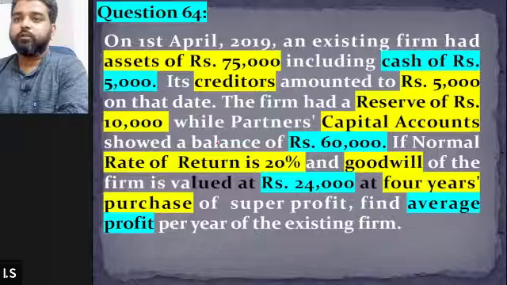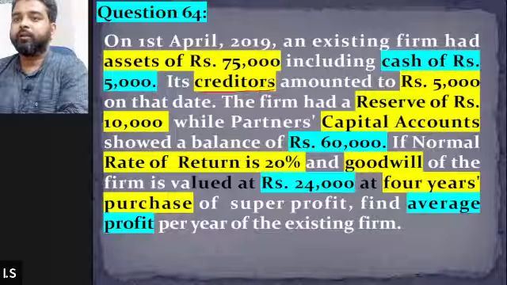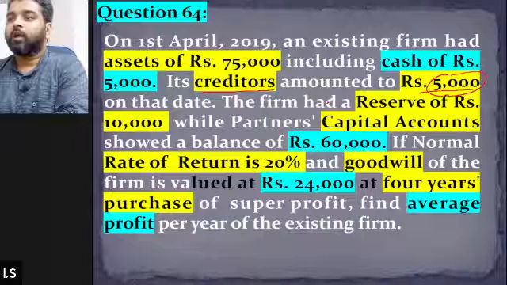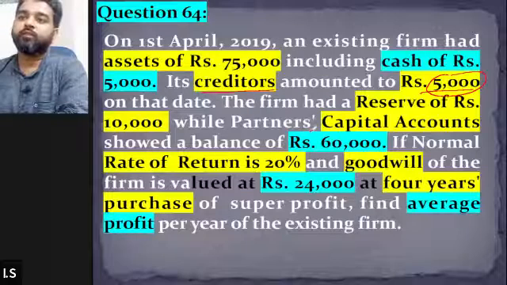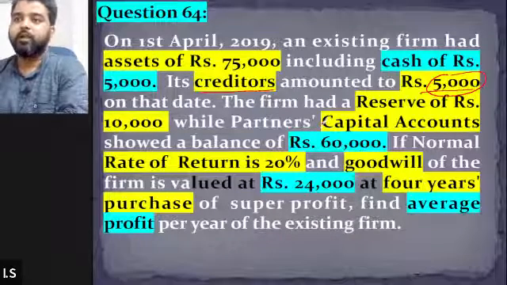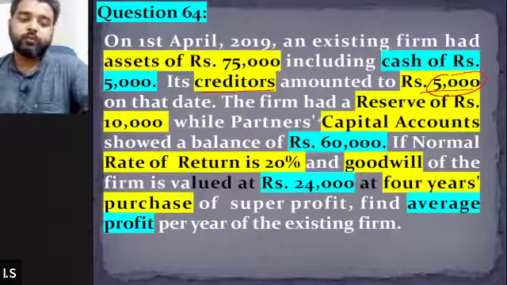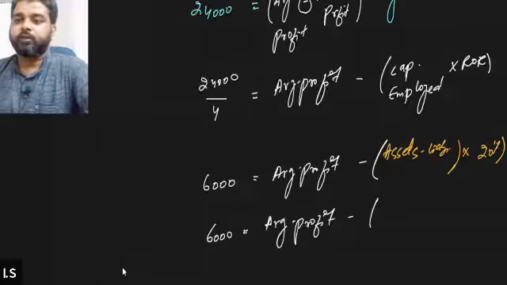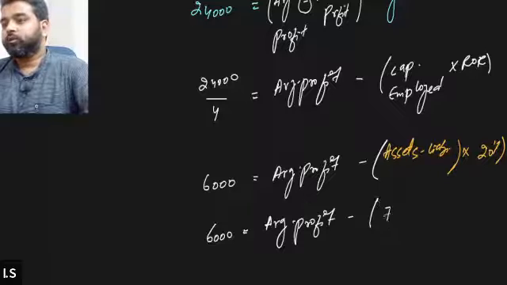So out of 75,000, all we need to do is subtract 5,000. Is that clear? 75,000 minus 5,000, how much will we get? 70,000. So 70,000 is the capital employed.